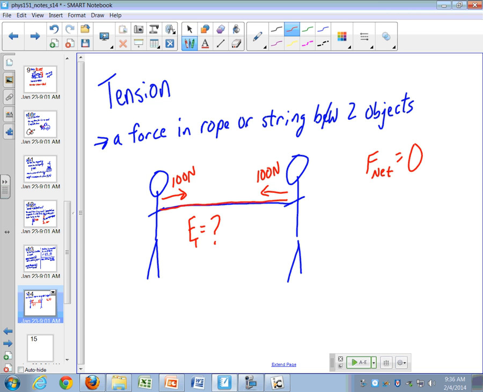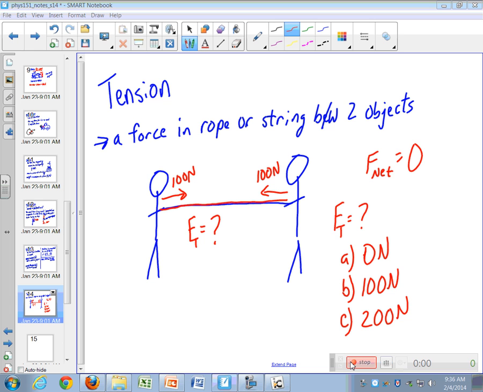Let's try to get your clickers out. We're about to use them anyway. I want to ask you a question. Is the tension equal to 0 newtons, 100 newtons, or 200 newtons? 0, 100, or 200? We're going to try that out.